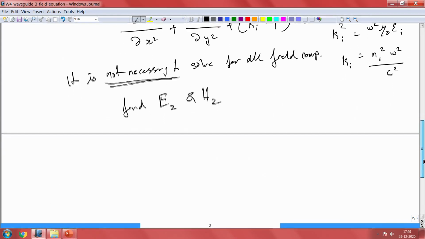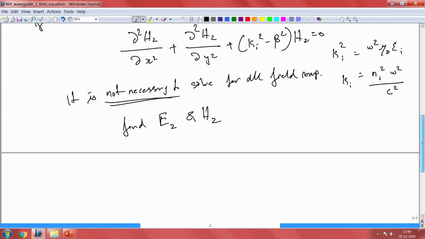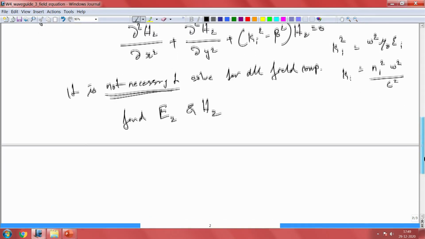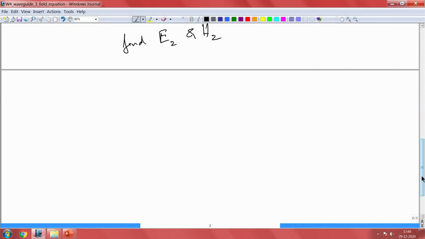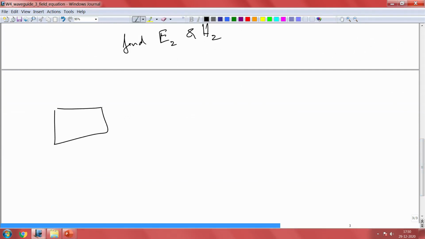So let us look at how one can use this approach to find the solution of this electric field or magnetic field in a very simple planar waveguide. We have a waveguide that has refractive index n1 here, n3 and n2.